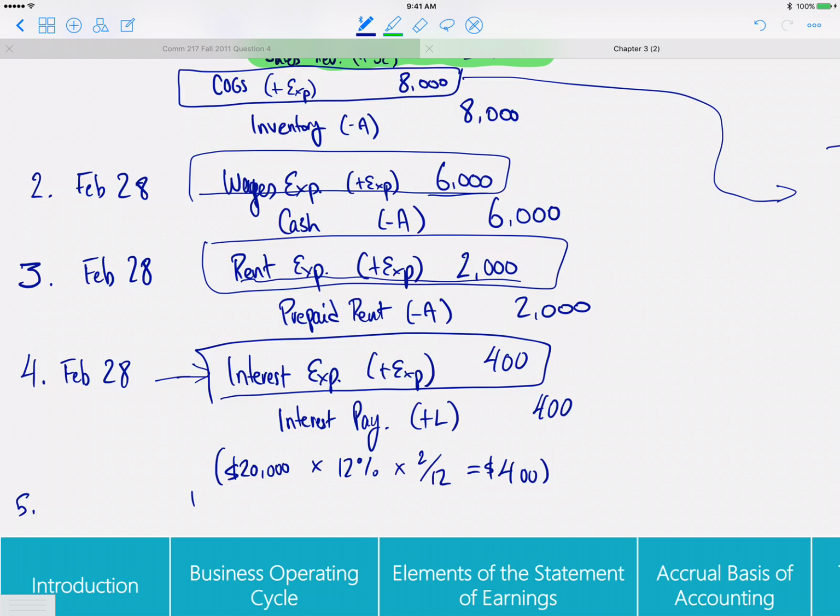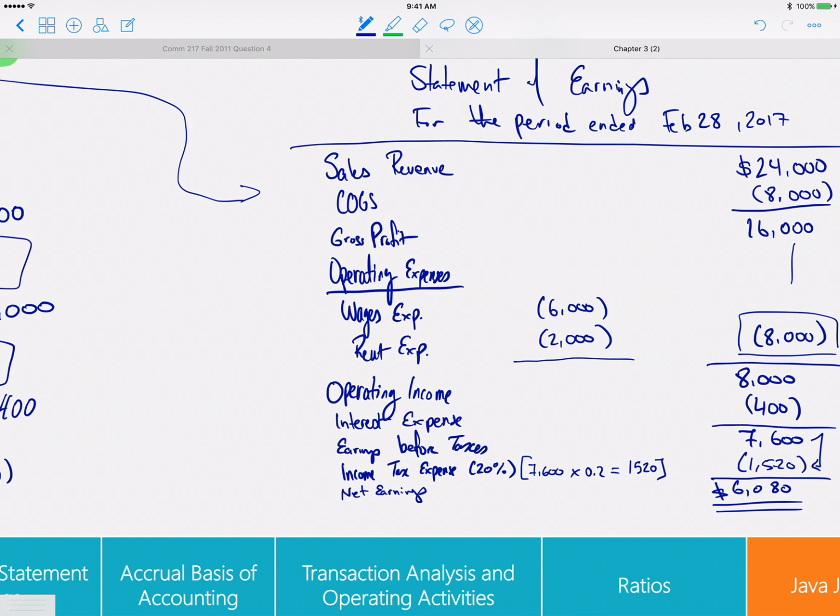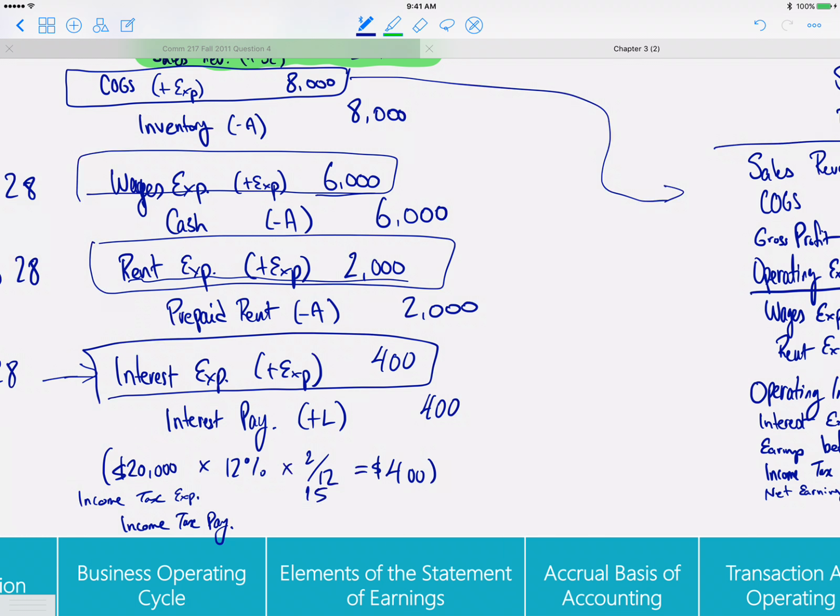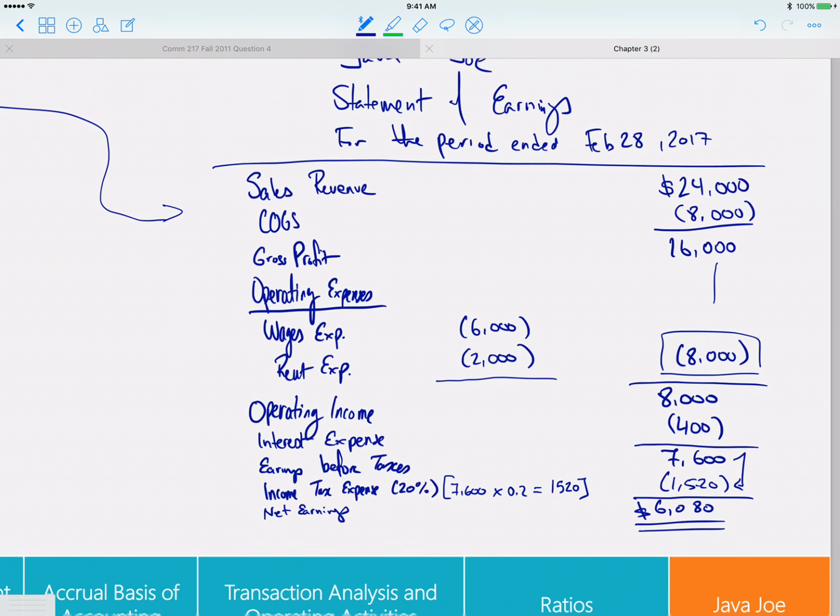So we would debit income tax expense, and we haven't paid it right away, and we're just going to credit income tax payable. So it's $1,520. So we debit $1,520, credit $1,520. This is an increase to expenses and an increase to liabilities.